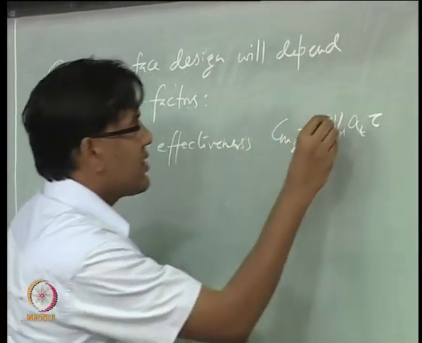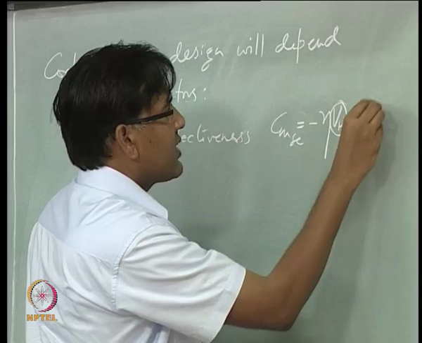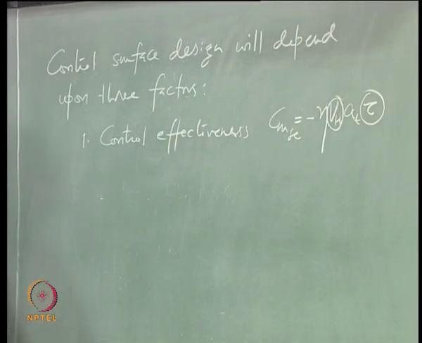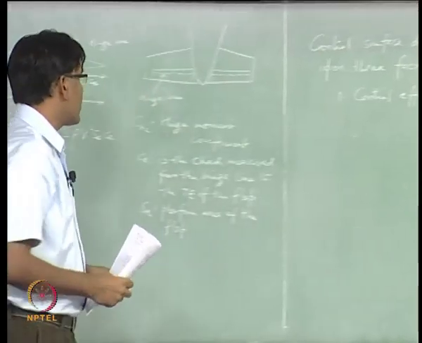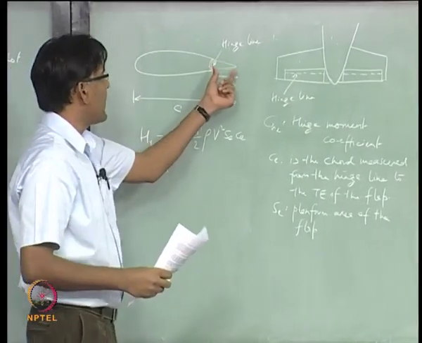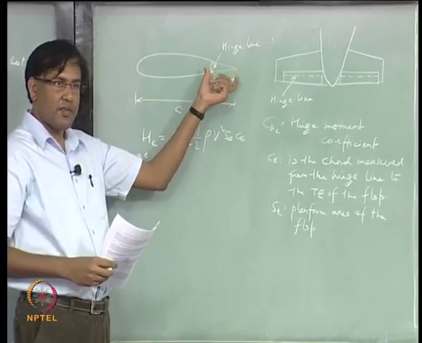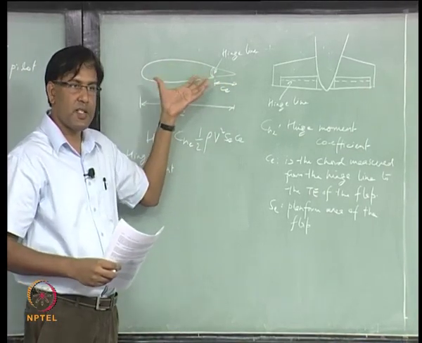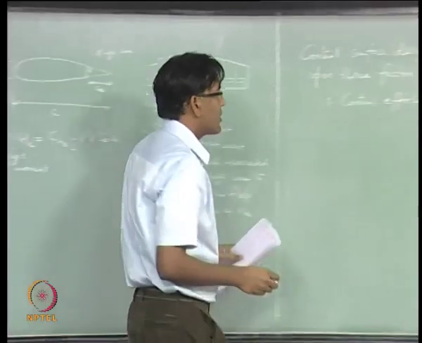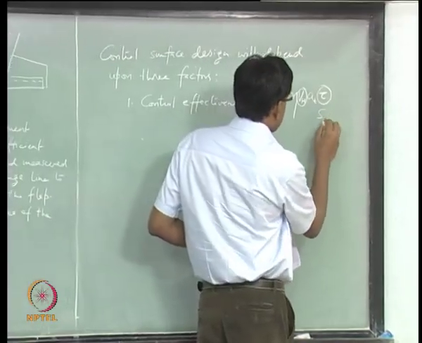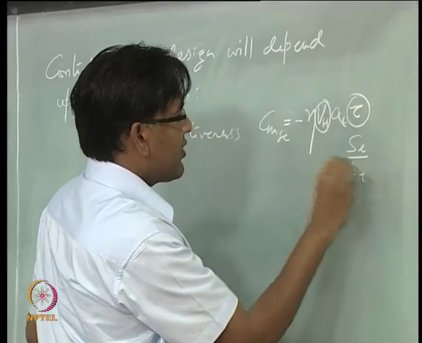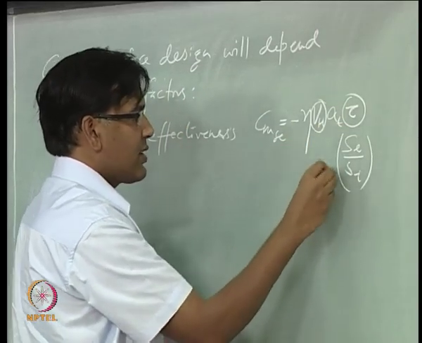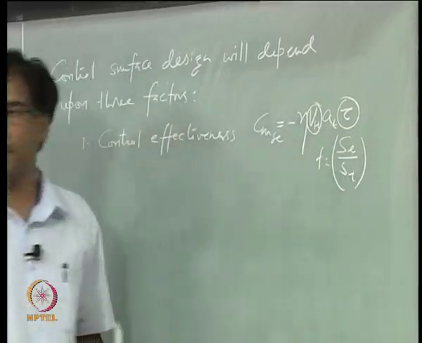So, V_h and this tau is a function of the area of the planform of this flap and the area of planform of this tail, right. So, this parameter was a function of this ratio of the areas.